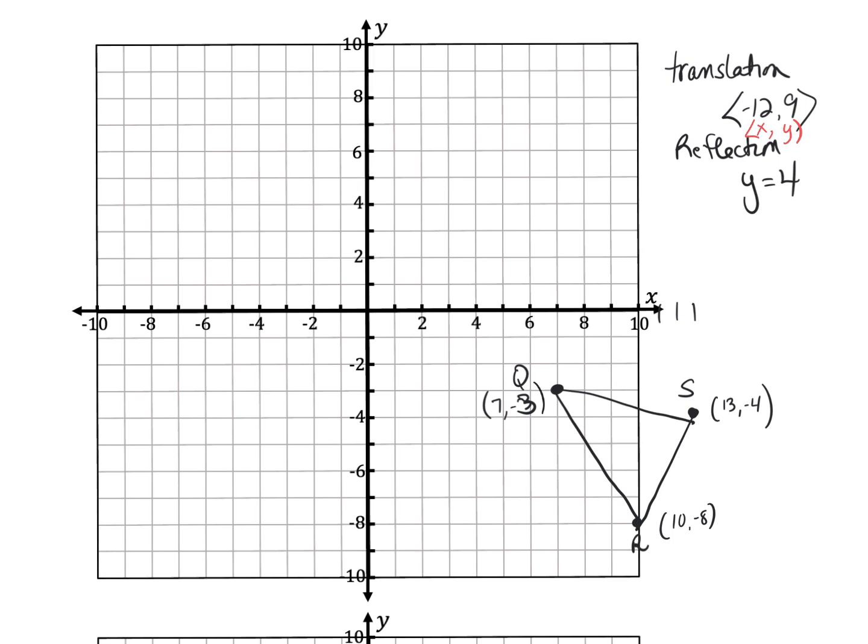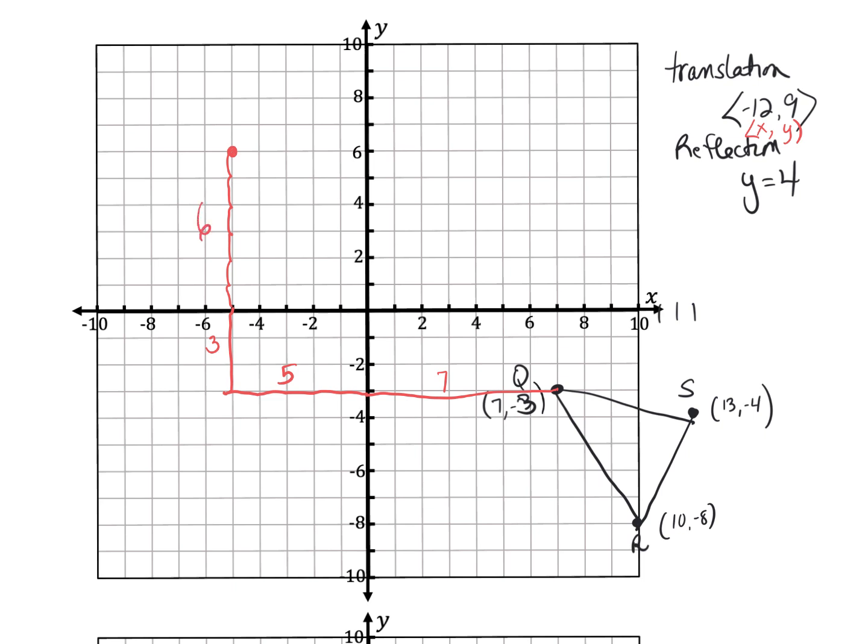From 7 to the origin, that's 7 units. And then another 5, 1, 2, 3, 4, 5, that's 12 to the left. And then I'm going to go 9 up. Here we're at negative 3, so this is 3. So I need to go 6 more. 1, 2, 3, 4, 5, 6.